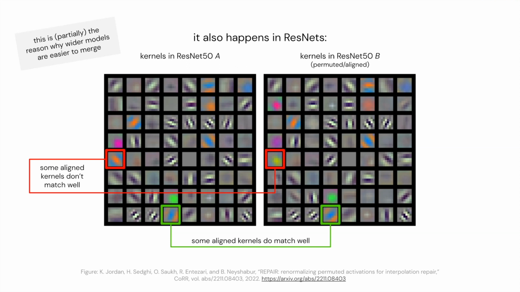Yet those kernels that don't match get averaged, and what you get as an output is, I think, probably worse than just keeping either of them individually. And this is also the reason, or at least part of the reason, why wider models are easier to merge: if you have more candidates to choose from, there's simply a higher likelihood that you will find a matching kernel or a matching set of weights that makes sense to be merged with.